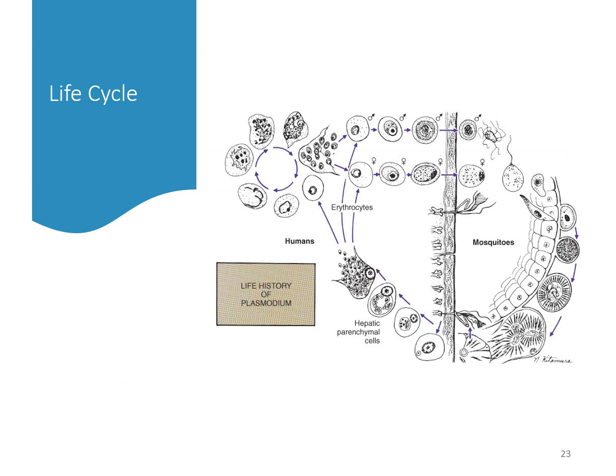They go through various stages of development within that red blood cell, replicating, and then eventually rupturing out of that red blood cell and starting the cycle over again.